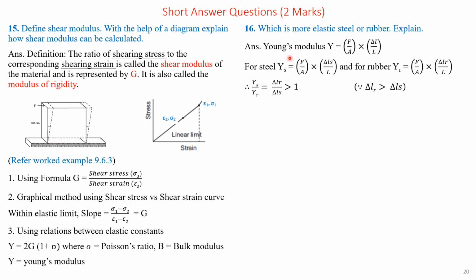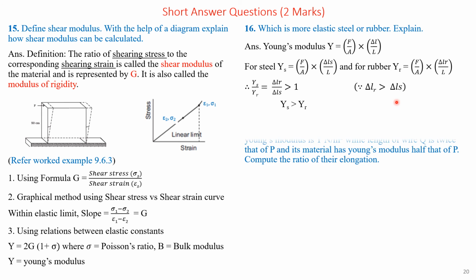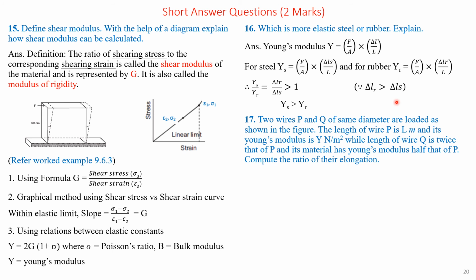Simplifying, we find the ratio of Young's modulus of steel to Young's modulus of rubber is given by the change in length of rubber to the change in length of steel. Hence that is greater than 1, because rubber is more stretchable and delta L of rubber is always greater than delta L of steel for the same dimension and same test condition. Hence YS is greater than YR.